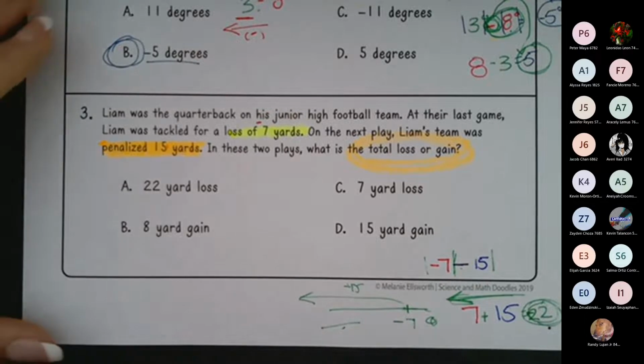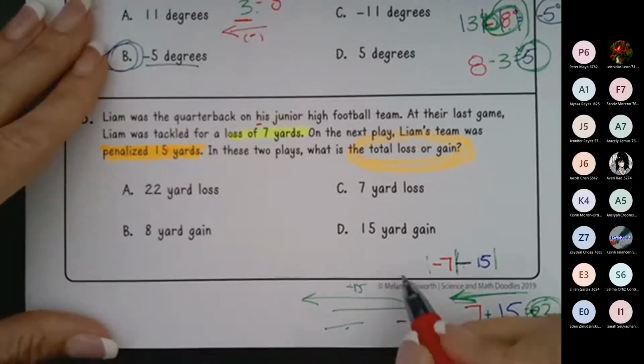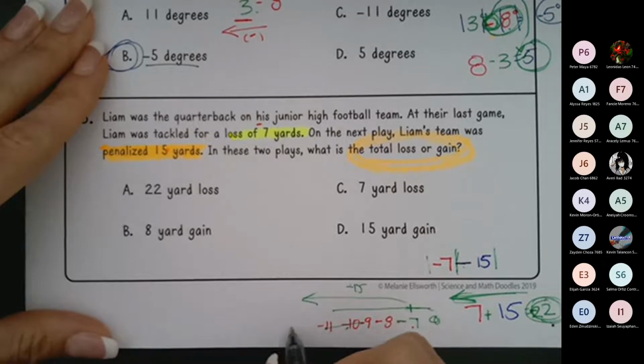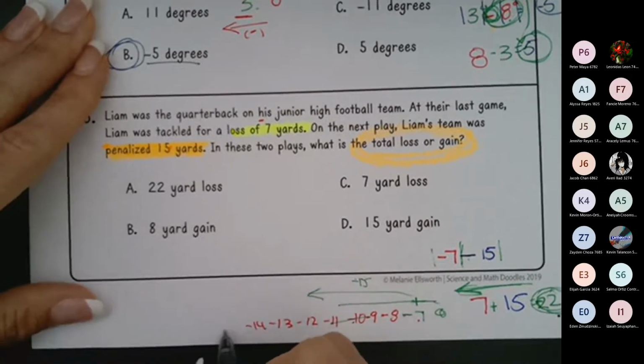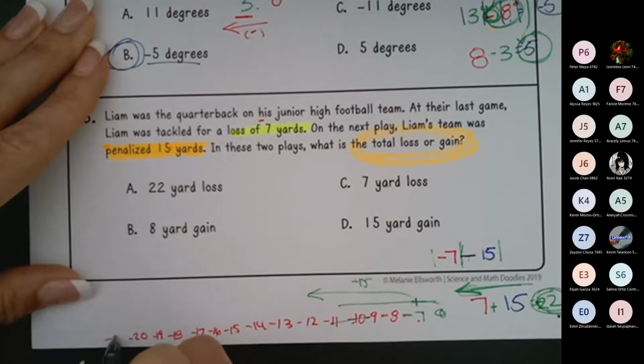Okay, and just on a number line, just so you can see, if I start here at -7 and I move over 15, I have -8, -9, -10, -11, -12, -13, -14, -15, -16, -17, -18, -19, -20, -21, -22.